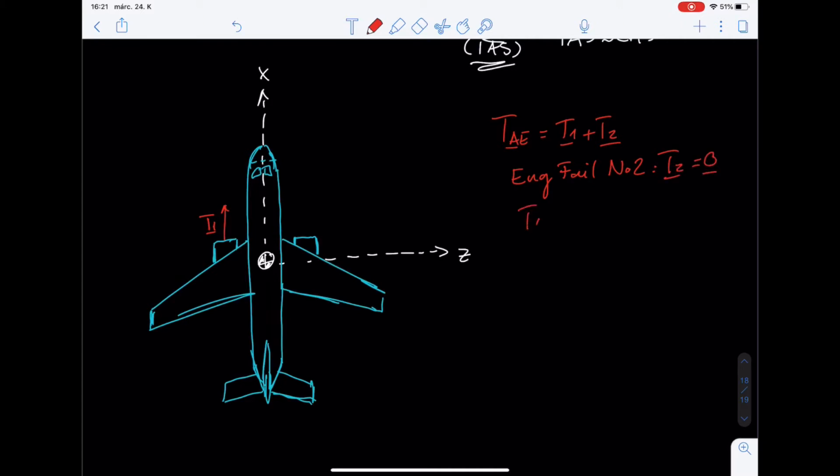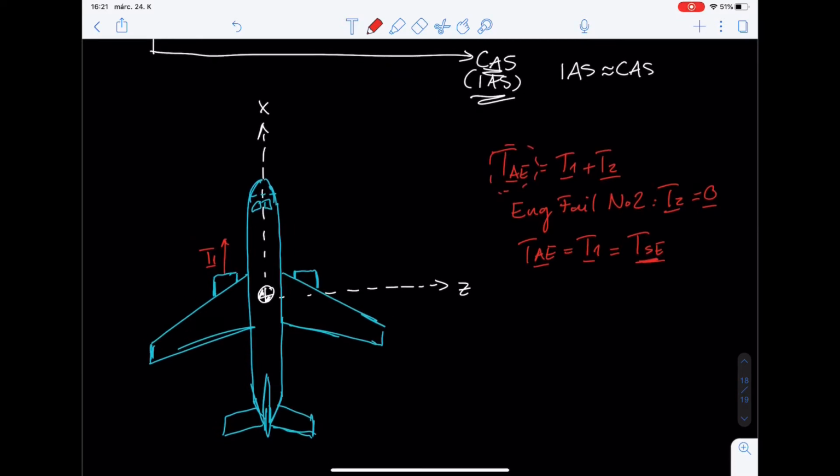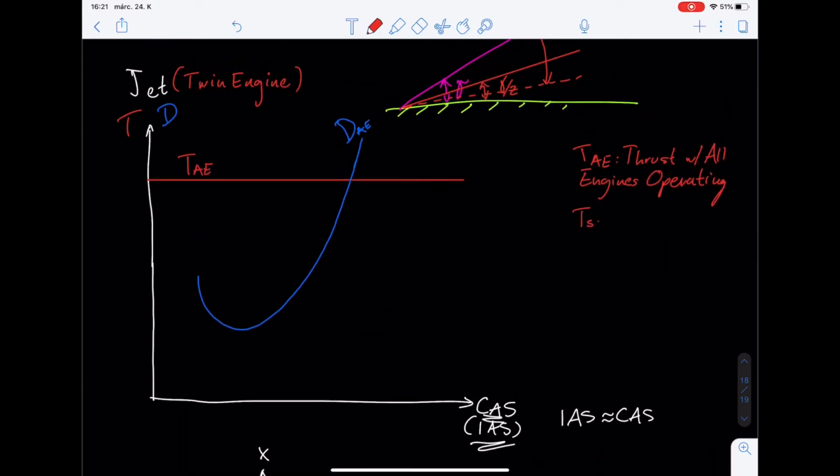In which case TAE becomes T1, and we said that it's going to be called rather the TSE, single engine, but only in this case, right? So TAE in general case is when you have both T1 and T2, and we're going to call the TSE the thrust delivered with a single engine.